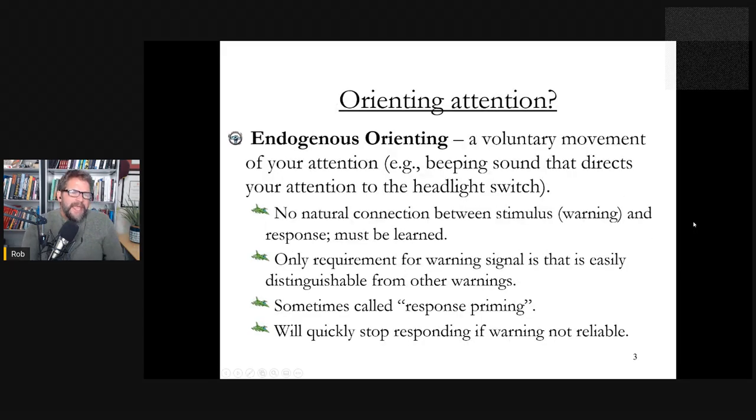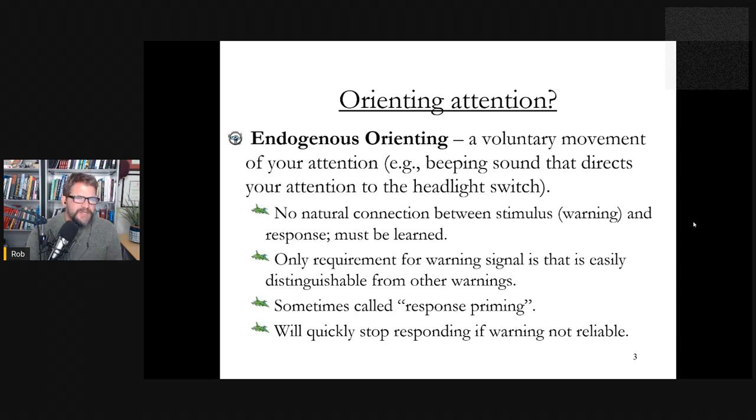Another issue is how we're going to orient your attention. If we choose that second route of trying to get you to shift your attention to the road, we can do that in one of two ways. We can do it endogenously, which means it's driven from inside of you. That occurs when we present something that has no natural link to the event we're trying to signal.